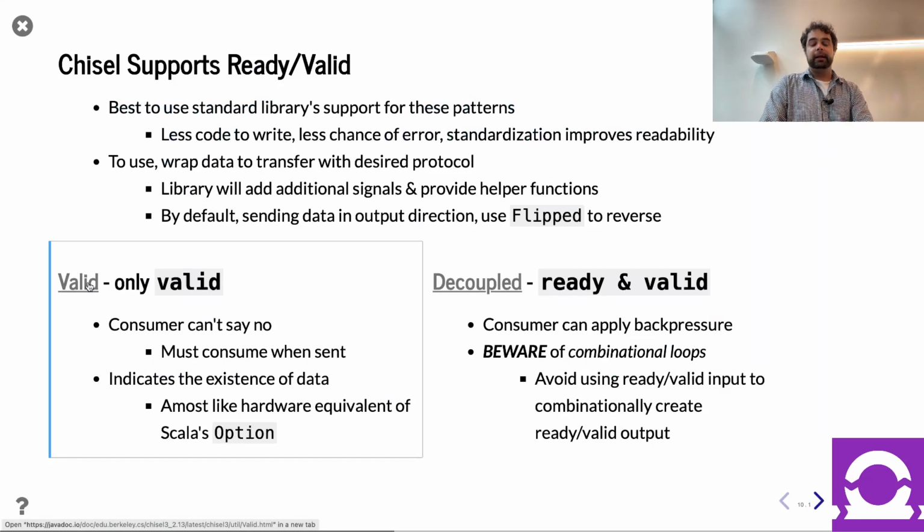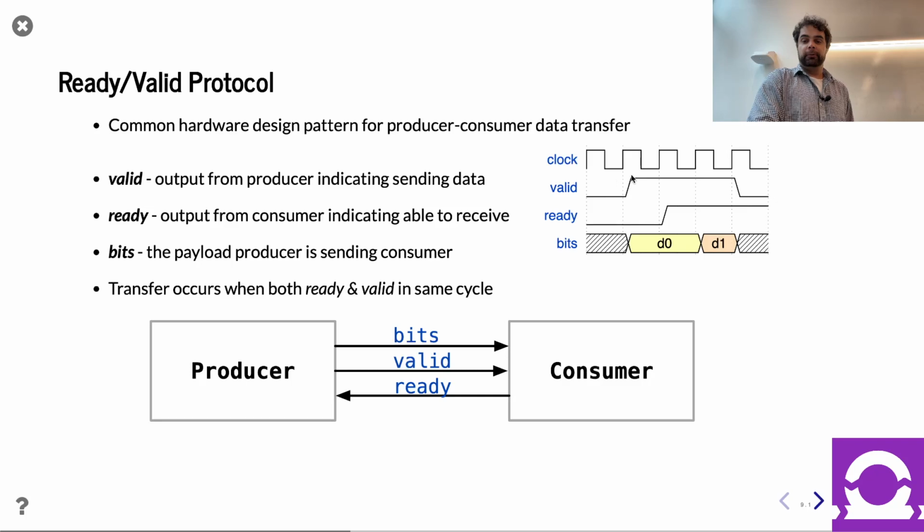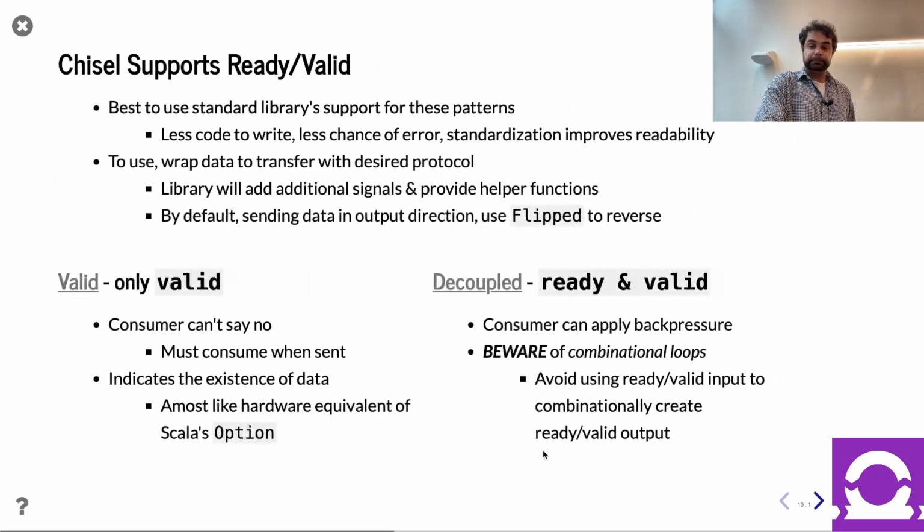There it is. Now, one thing that comes up if you use the decoupled one is that sometimes, even though you're outputting one of these signals on one side, for example the producer outputs the valid signal, you actually care about the ready signal too. For example, in the prior slide, you want to know both were true so you know to advance the data you're sending. One thing that can come up if you're not careful is that if both sides combinationally depend on the other side, you can make a combinational loop. This is something to be careful of.